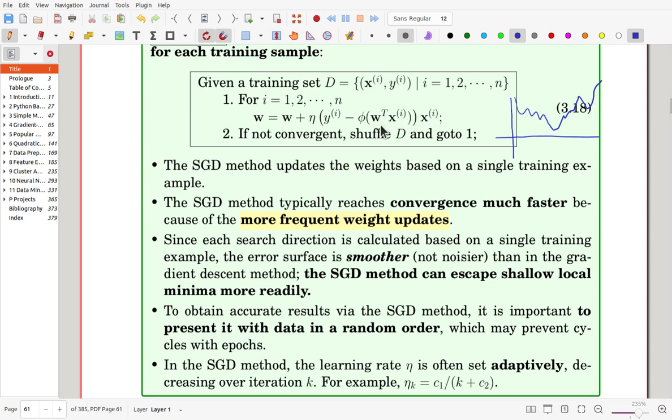Now W is not really the correct one during the iteration, so such an objective function can be obtained.